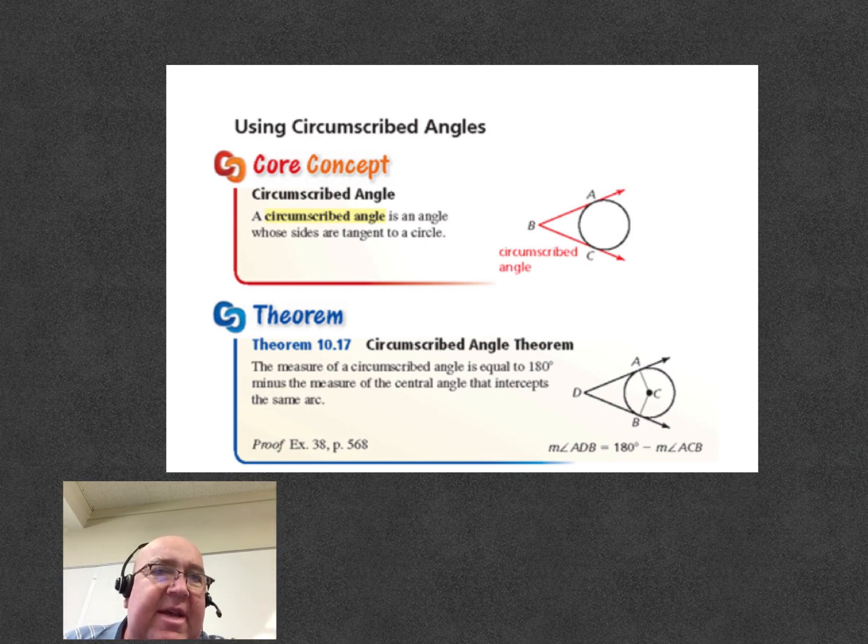So here we have a circumscribed angle. So the angle inside says that the measure of ADB is going to be 180 minus the measure of ACB, so the inside angle. So again, 180 minus.